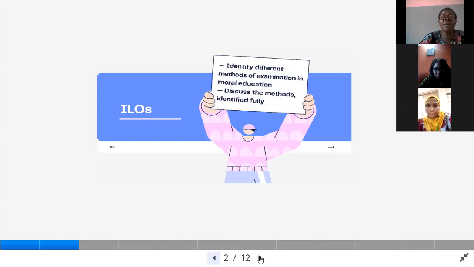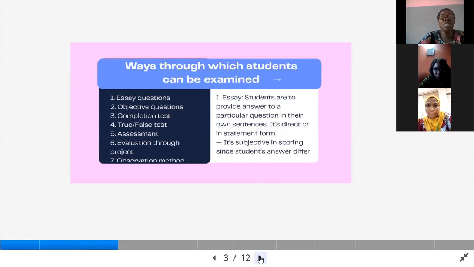If you look at our screen, there are several ways through which students can be examined. One of these ways is the essay question. Essay questions are provided by the teacher, and the students are supposed to provide the answer in their own sentences, in their own words.